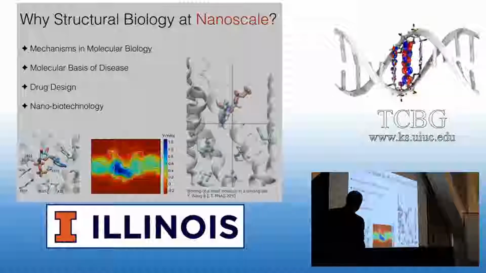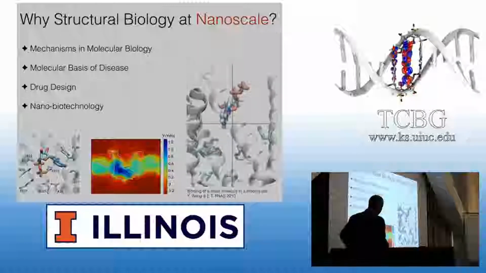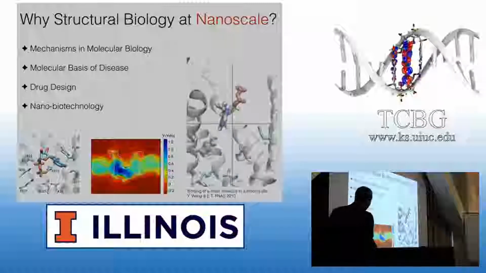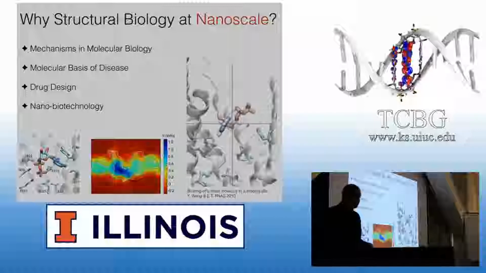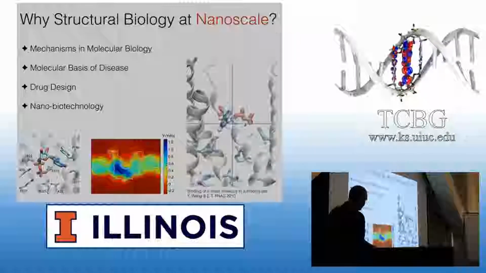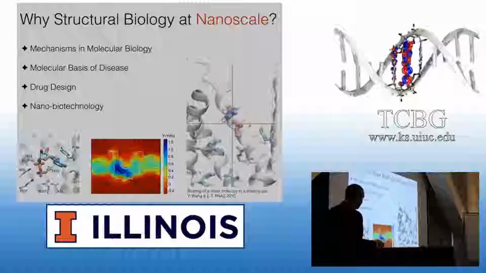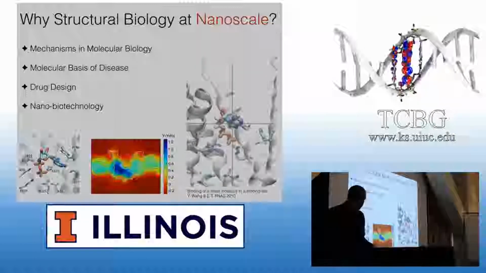So here is another example. This is a paper we published several years ago. Back then, it was the first example of a real ligand, in this case a nucleotide, binding to its binding site using unbiased simulation. And you can see how much changes.